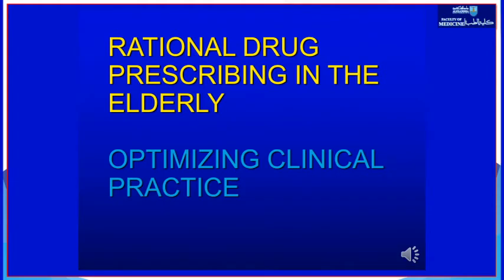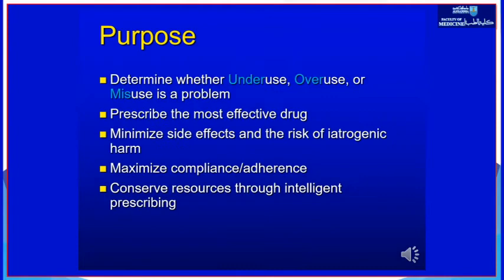So rational drug prescribing involves that we determine whether underuse, overuse, or misuse is a problem. We always prescribe the most effective drug. We minimize side effects and the risk of iatrogenic harm, maximize compliance and adherence, and very importantly, particularly in our country, we conserve resources through intelligent prescribing.